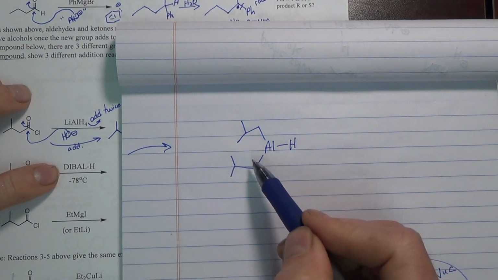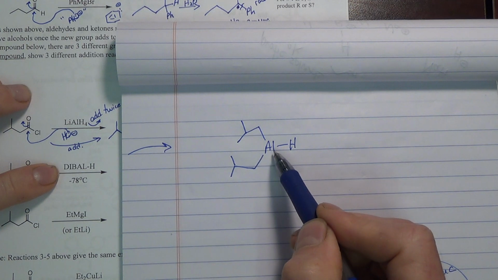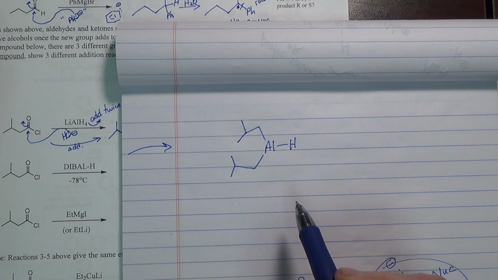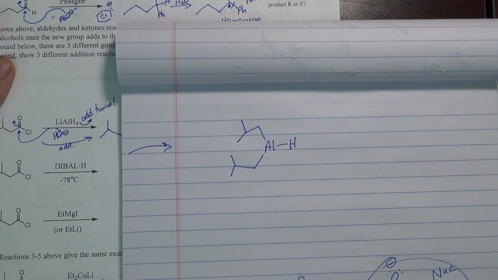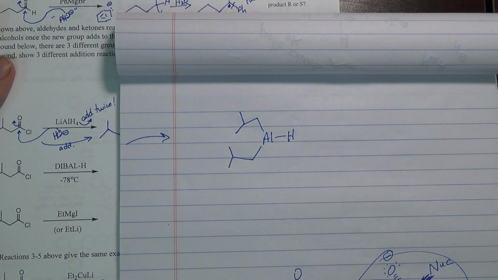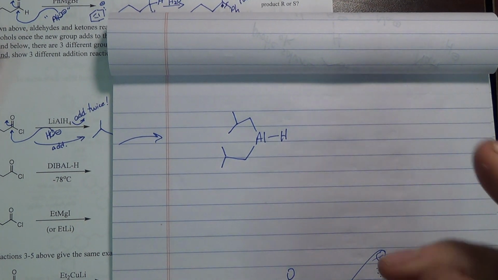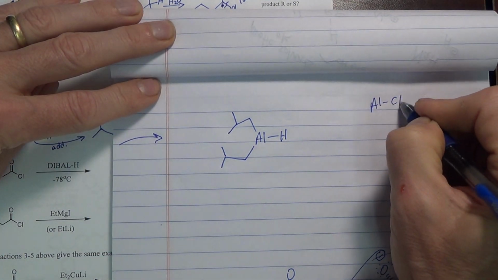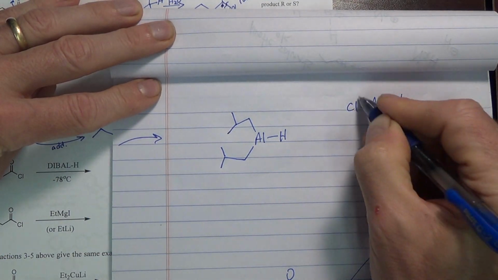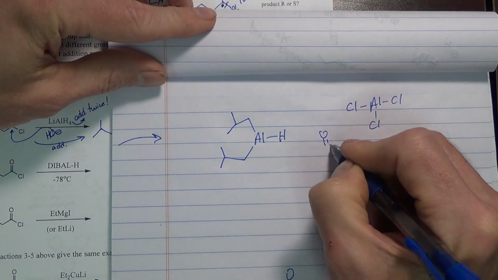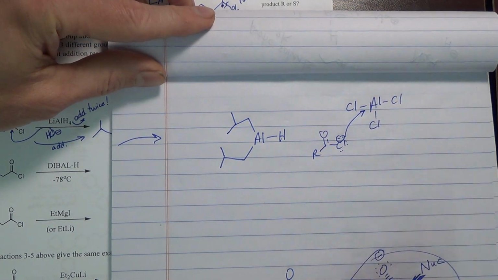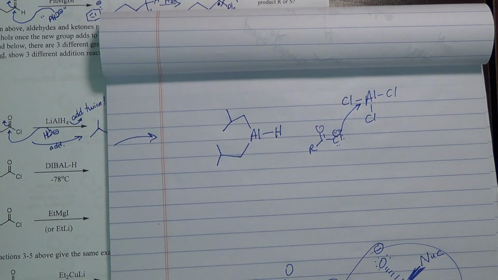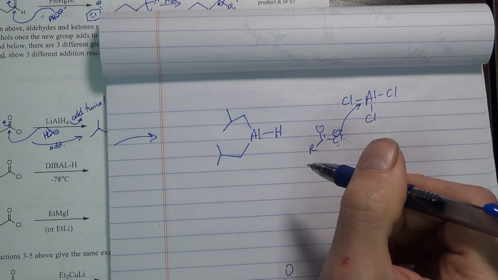It stands for diisobutyl aluminum hydride. Now, you remember when we had acid chlorides and we had aluminum trichloride? That would be trigonal planar. And our acid chloride would complex with the aluminum. That may be what's going on here.